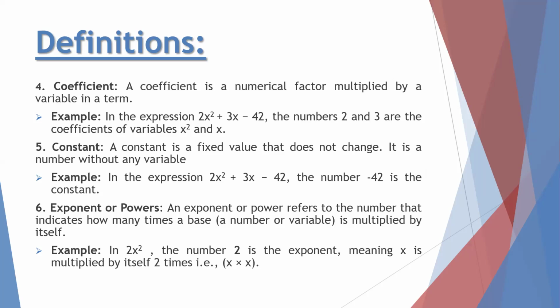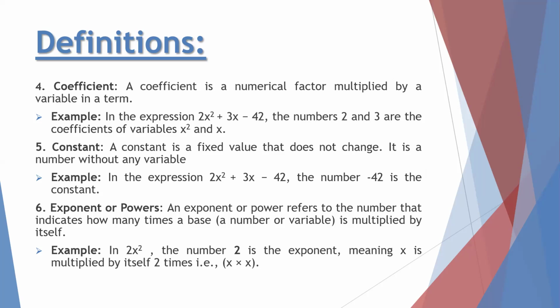Second definition is exponent, or we can say powers. An exponent or power refers to the number that indicates how many times a base, that is a number or a variable, is multiplied by itself. The base is the lower number, and the number raised to, written above, is said to be the exponent or power.